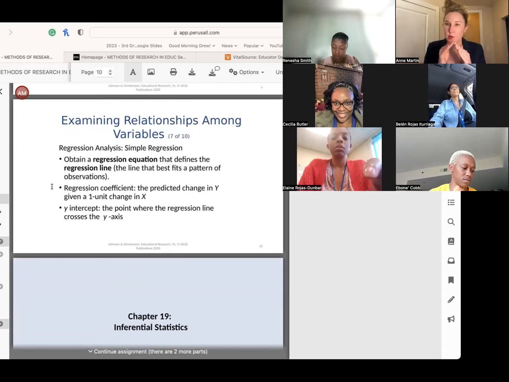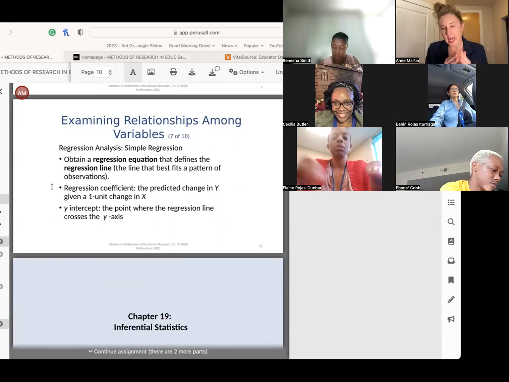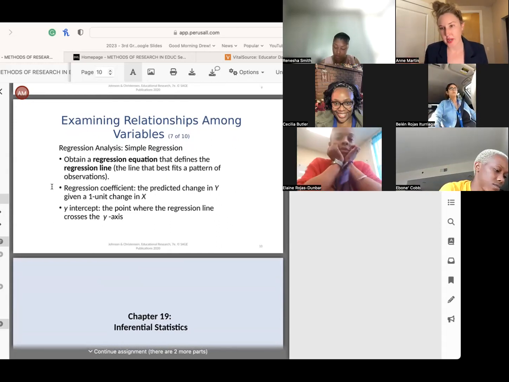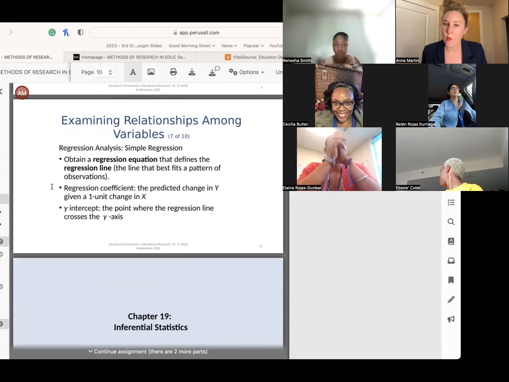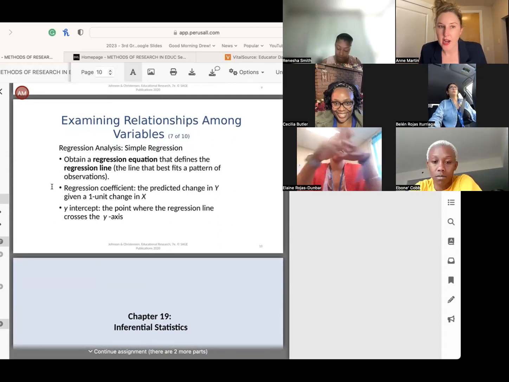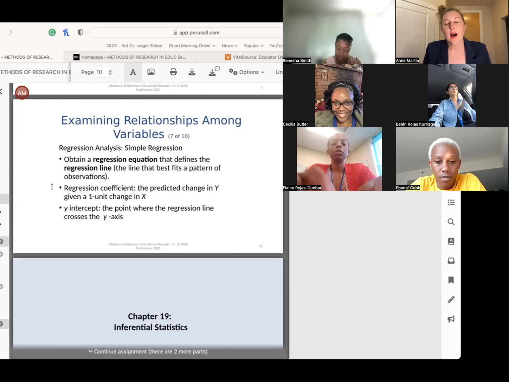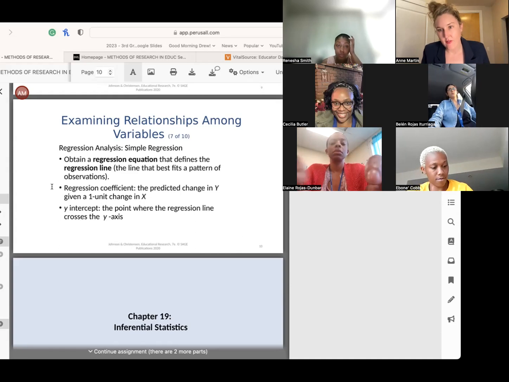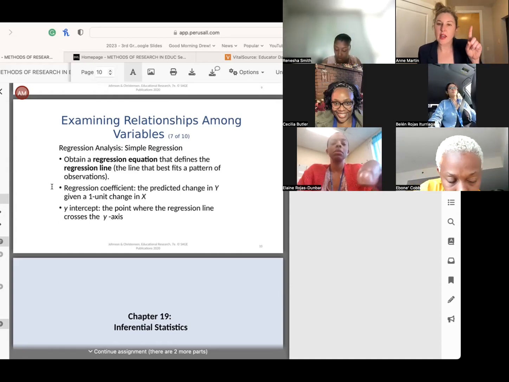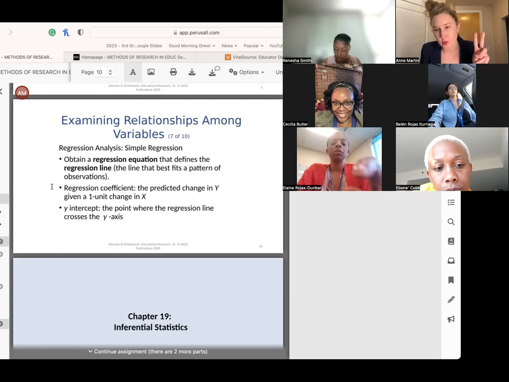How is one variable related to the next? But it's taking correlation and then making predictions based on the correlation that was gathered in the study. In order to carry out regression analysis, you need to have quantitative, numerical variables, hours studying versus final exam score.